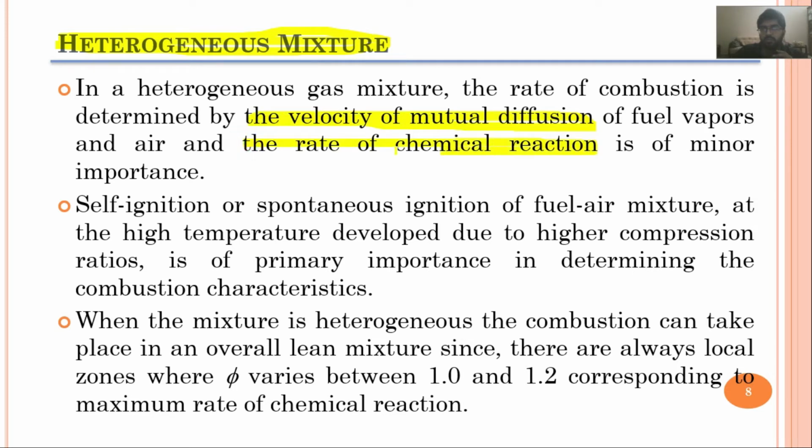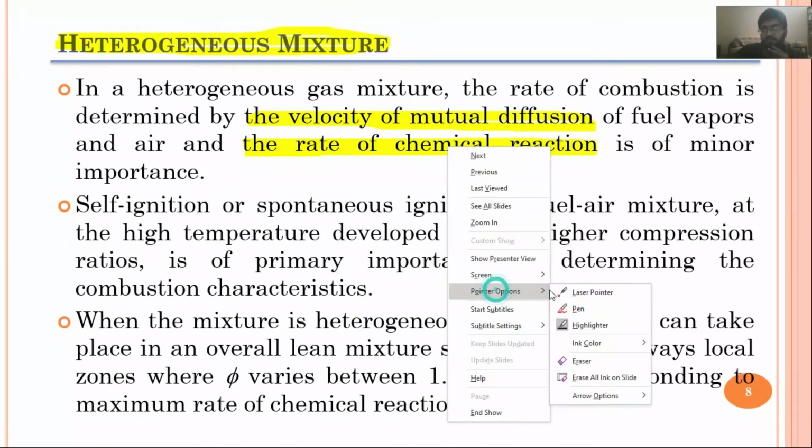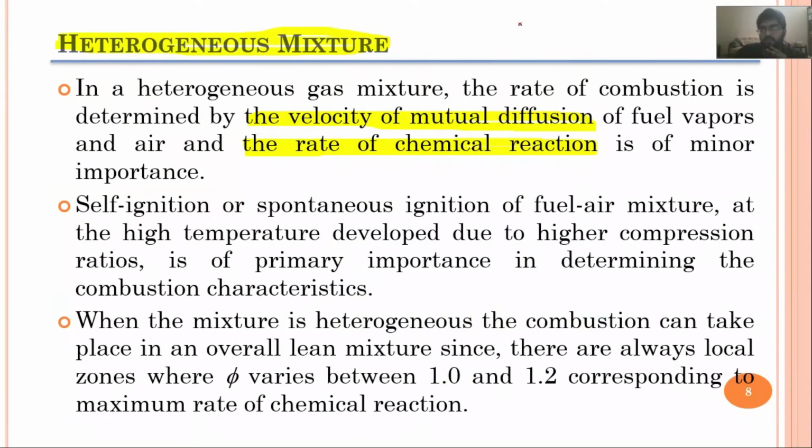What is happening in the CI engine is that, for example, if this is the combustion chamber, and here is the piston which is at the top dead center, this is the fuel injector. The fuel is spraying the fuel.